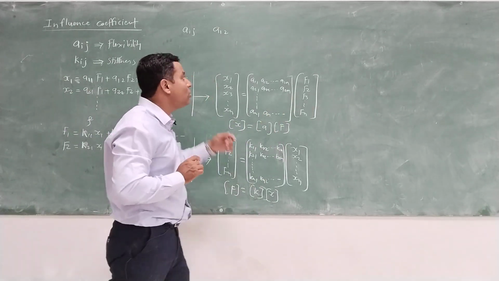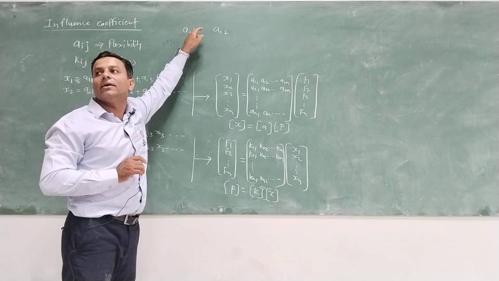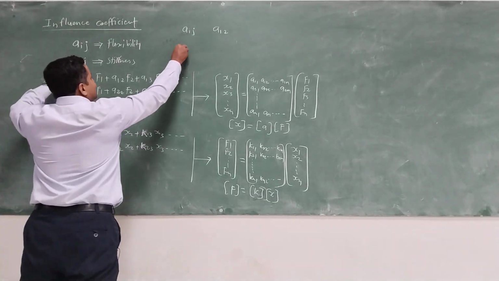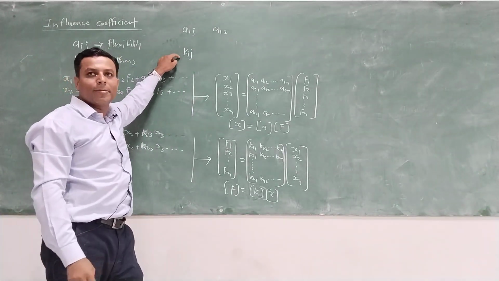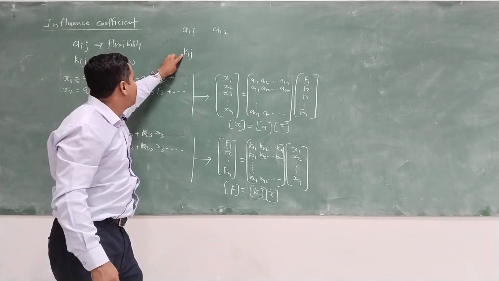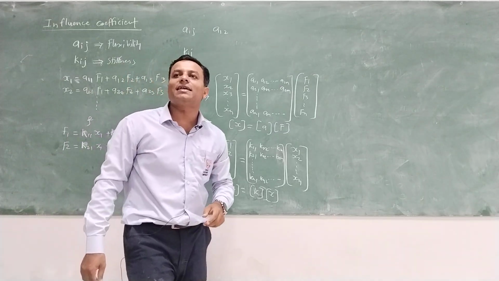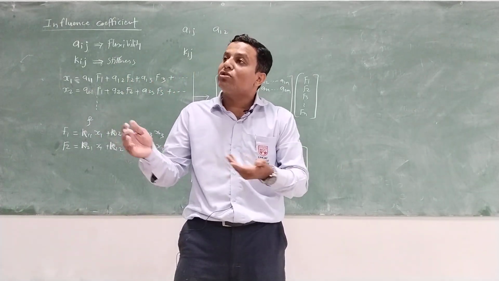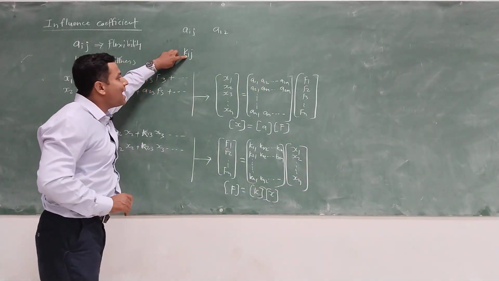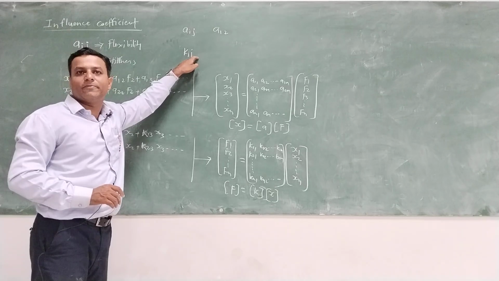That we will have to consider. So this means displacement at i due to unit load at j, and the displacement is static. Now similarly for Kij, here the displacement is given, so the result will be force. It is reversed. So force at i due to unit displacement at j. That means we are going to displace that mass, and because of the displacement, what amount of force is generated, that we have to determine. So Kij means force at i due to unit displacement at j.